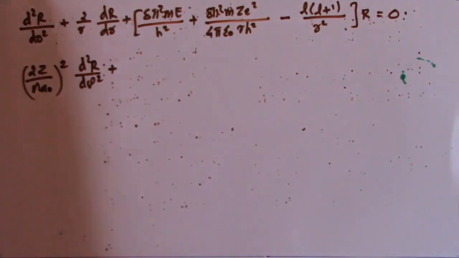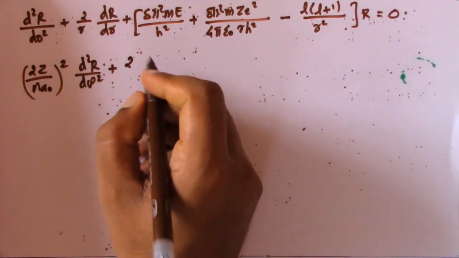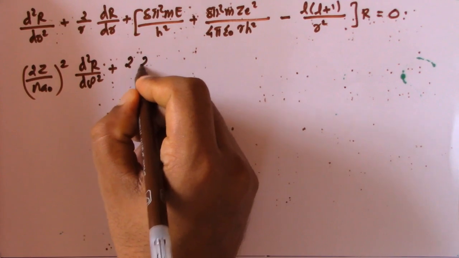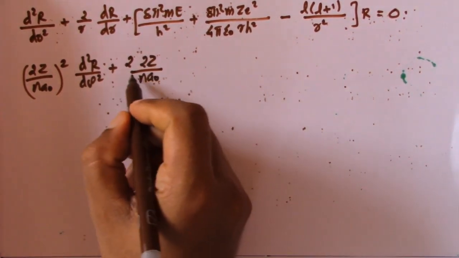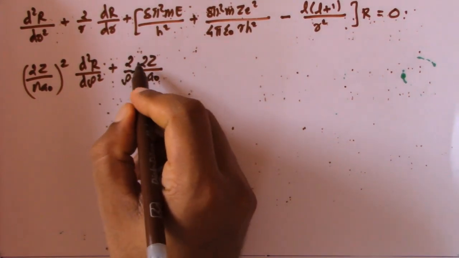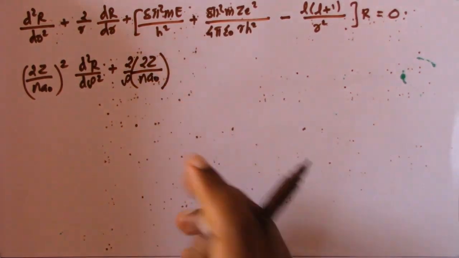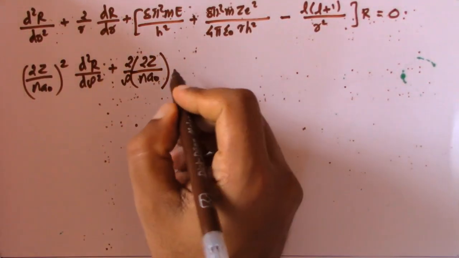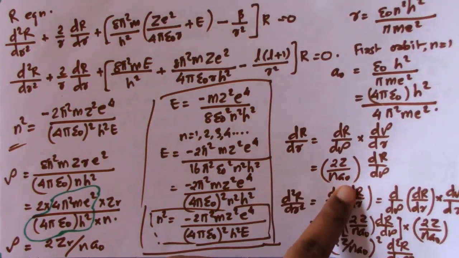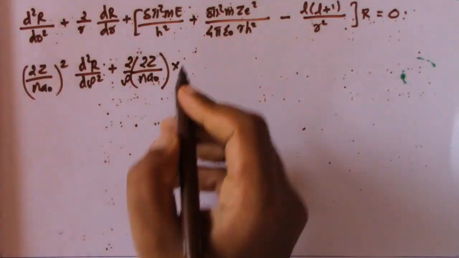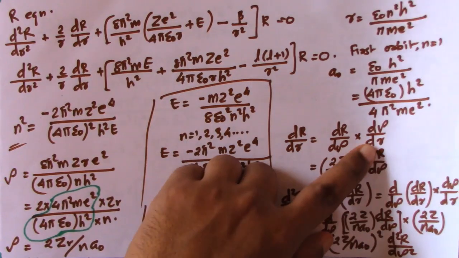So 2 by r into dR by dr is 2 by rho into 2z by n a0. And dR by dr is equal to 2z divided by n a0 into dR by d rho.